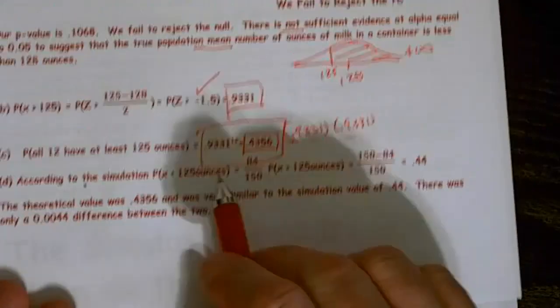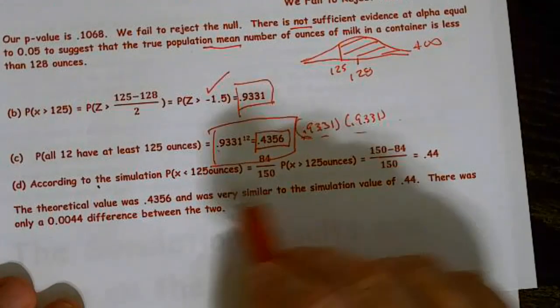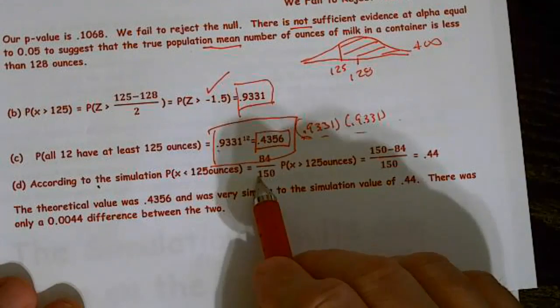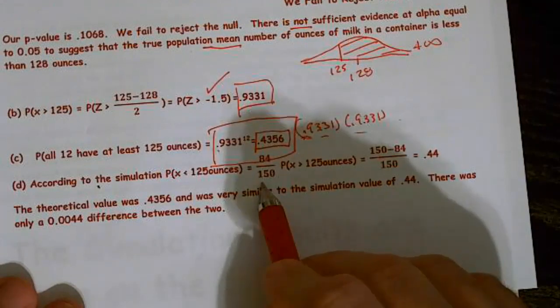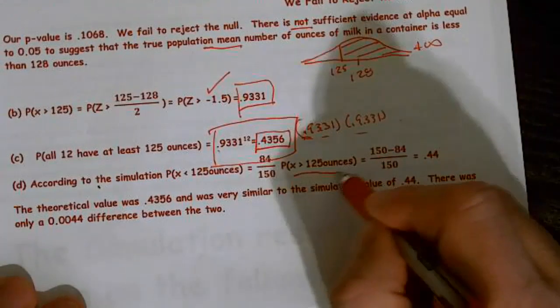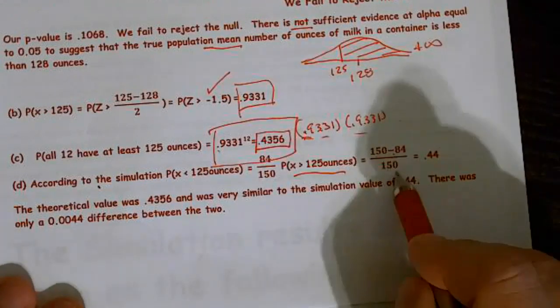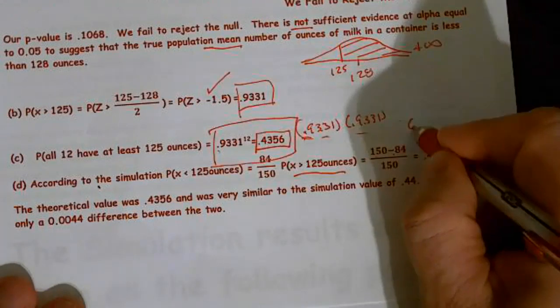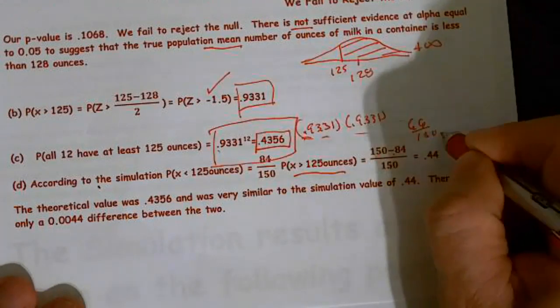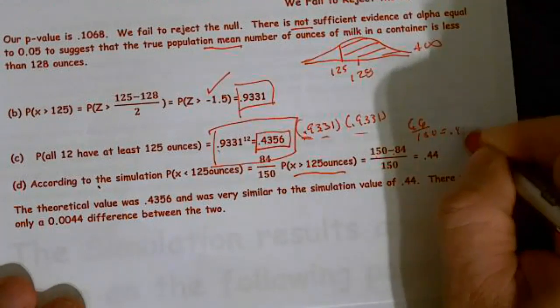According to the simulation, the probability that it's less than 125 is 84 over 150. The probability it's greater than 125, which is what we're interested in, was 150 minus 84, which is 66 over 150, and that equals 0.44.